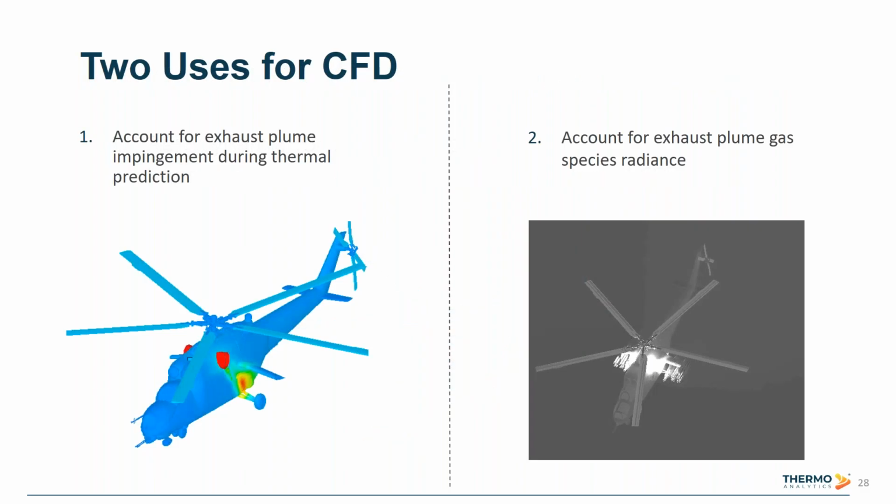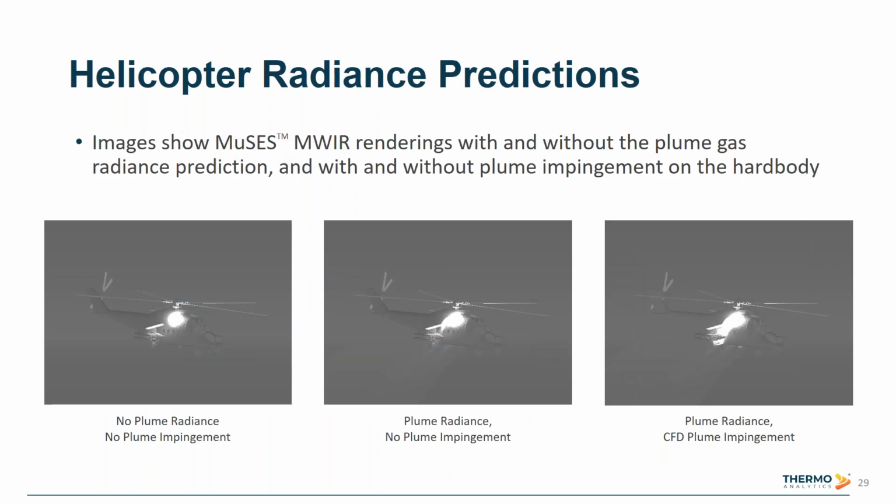There are two primary use cases for importing CFD into thermal models. The first is to capture how an exhaust plume impinges on a hardbody, and the second is to account for the exhaust plume radiance as seen through an IR sensor. Moving from left to right, complexity is added to the simulation via inclusion of a plume and hardbody impingement.